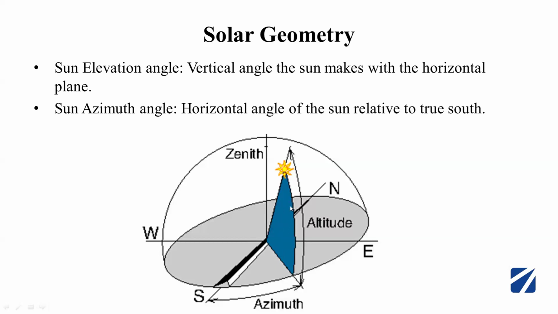And the azimuth angle is when you project the sun downwards, and the angle to the due south line is called the azimuth angle. So these azimuth and elevation angles give the coordinates of the sun, like the position of the sun in the sky.